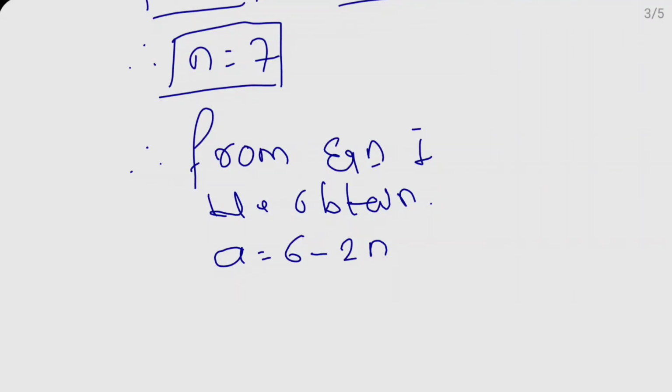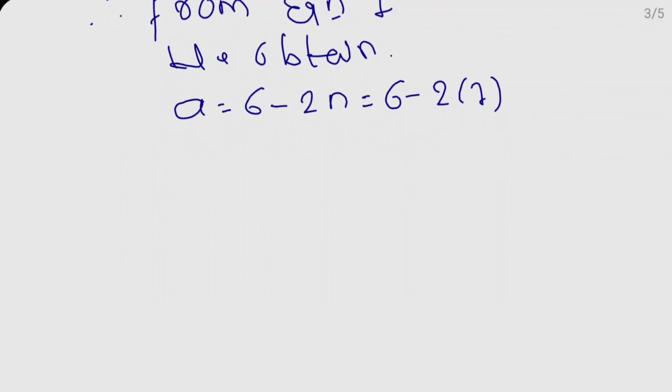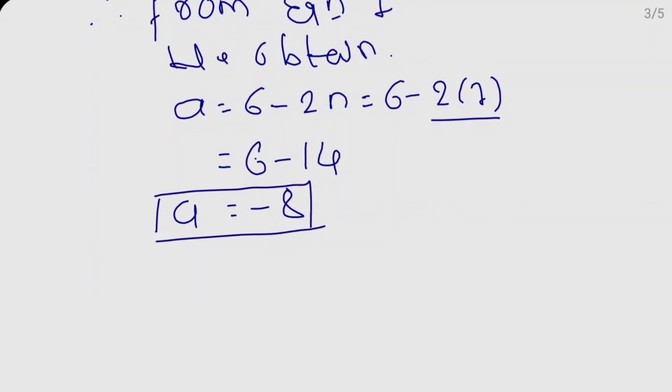We have the n value, so substitute here 6 minus 2, n is 7, right? So now here 6 minus 2 into 7 is 14. So 6 minus 14 becomes minus 8. So a is minus 8.